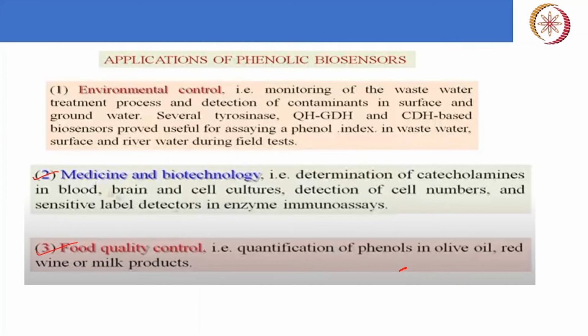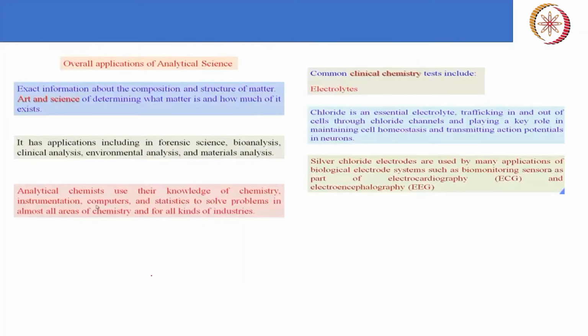In food quality control, people use this analytical chemistry to know how much phenol is there in olive oil, red wine or milk products. So these are the things people usually use the phenolic biosensor for.